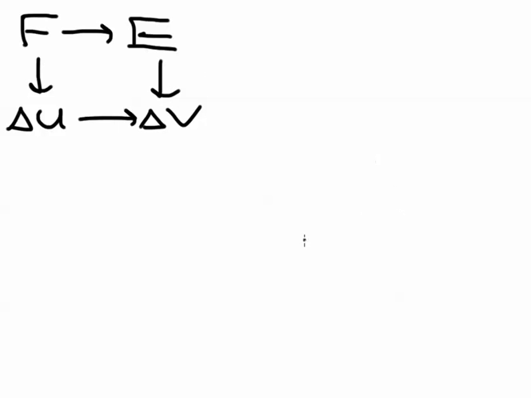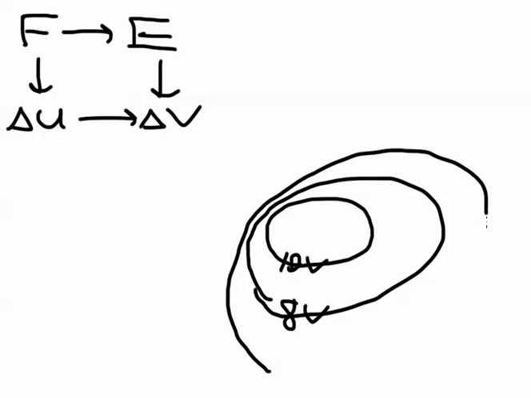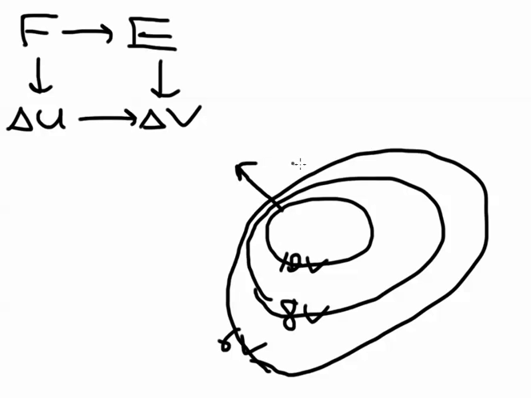And now these are potential contours, so maybe this is a 10-volt contour, and this is an 8-volt contour, and this is a 6-volt contour. Then these are the electric field arrows, and they're longer where the lines are closer together, and they're shorter where the lines are farther apart.